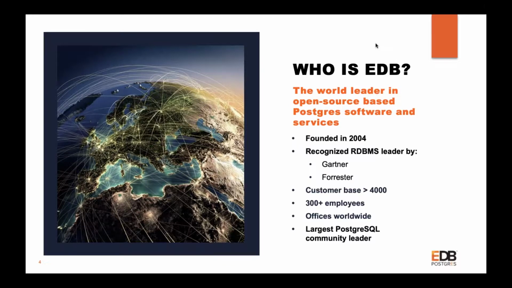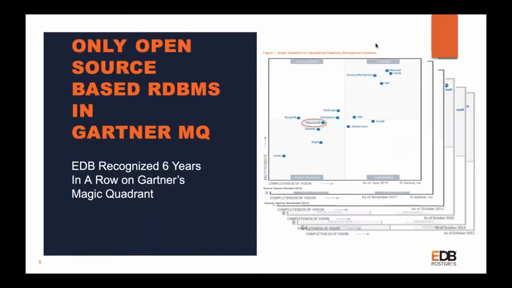So that's a little bit about EDB, and then I mentioned the work that Gartner has done around the Magic Quadrant and Postgres' position in that Magic Quadrant. I want to just emphasize that a little bit, that the credit for this goes to Postgres. To some degree, it goes to Enterprise DB for working with the Postgres community and providing some additional tooling and capabilities.